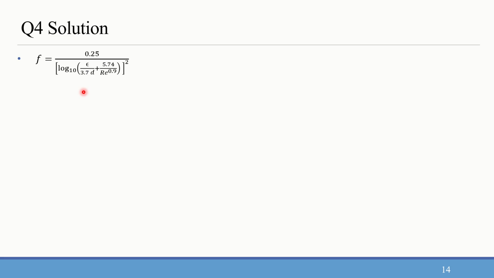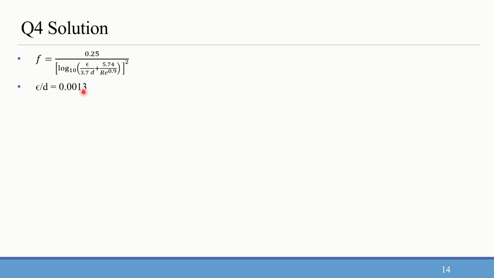Since it is easy to use the explicit approach, we are taking f is equal to 0.25 by log of epsilon by 3.7d plus 5.74 by Reynolds to the power of 0.9, the whole squared. And epsilon by d is 0.0013 as we calculated in the previous slide, where epsilon by d is the roughness ratio.